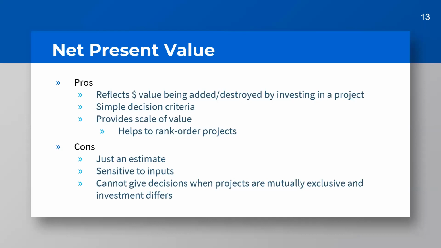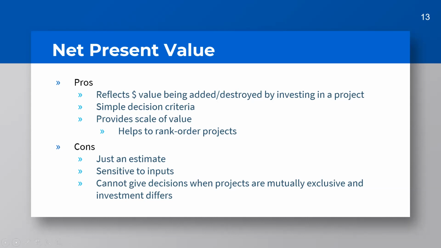Right? Adding $1 technically is beneficial, but you'd rather add $1 billion in cash flows being generated by your company. Right? So scale matters, and as we'll see with these other tools, they don't give us a good sense of scale. So being able to get a sense of the order of magnitude of NPV being created or destroyed can help us rank order projects by how much value is being created or destroyed.